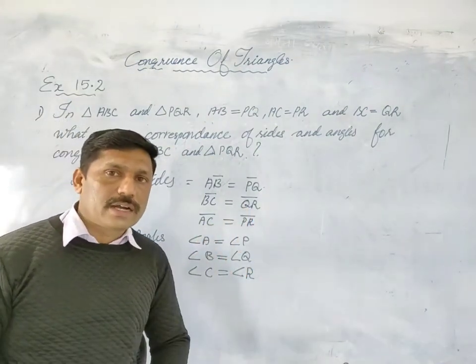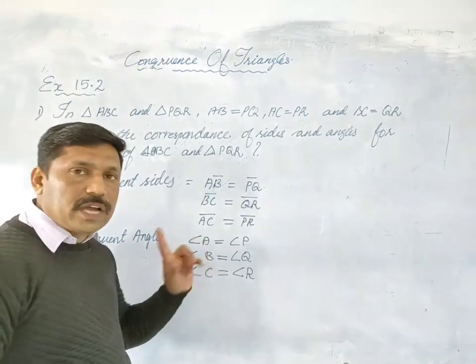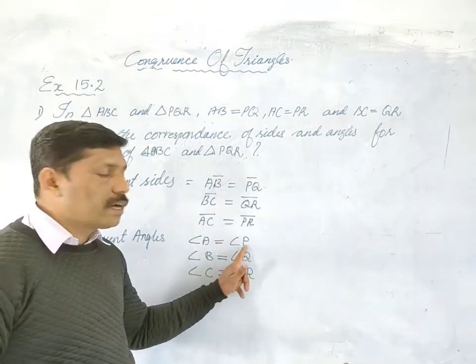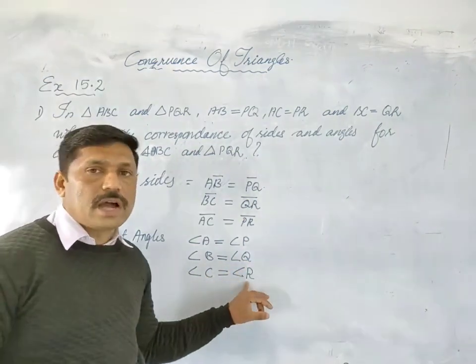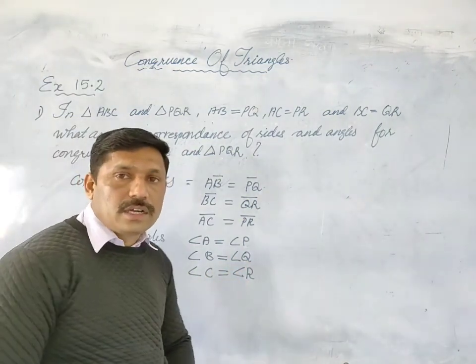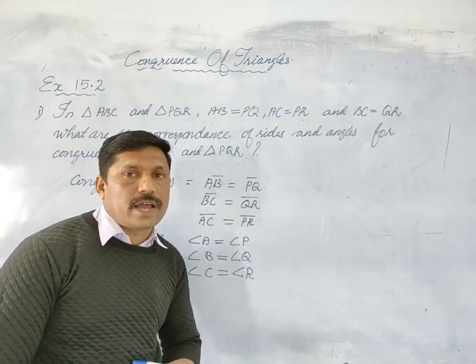And congruence of their angles: angle A is equal to angle P, angle B is equal to angle Q, and angle C is equal to angle R. These are the congruence of their sides and angles.